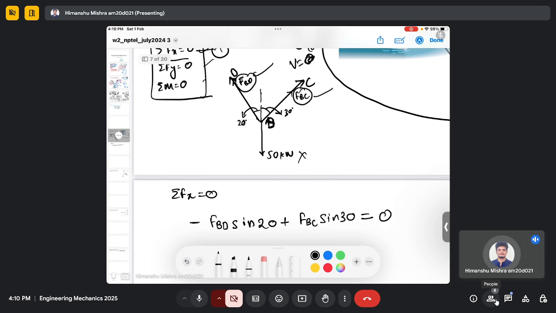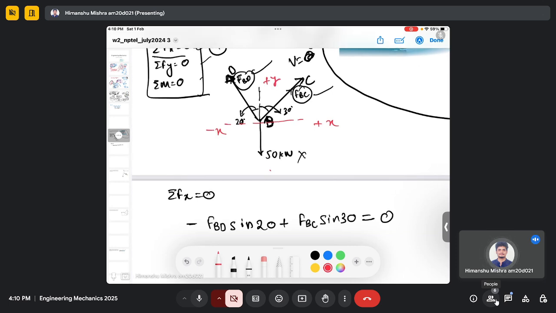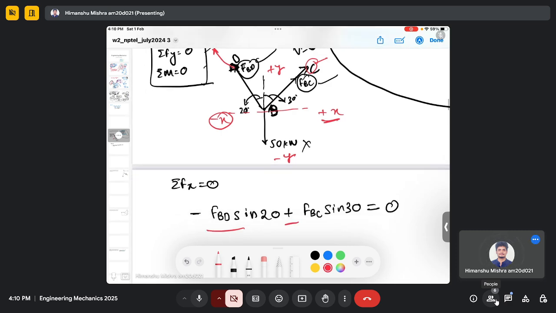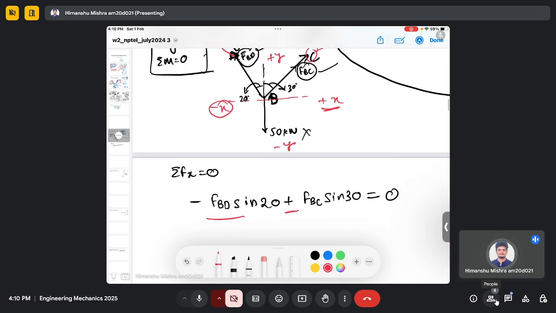Here I consider the minus sign because if I make the coordinate system, this is my positive x, this is my negative x, this is positive y, and this is negative y. You can see this force is moving in the negative x direction, so this force is negative, and this force is moving in the positive x axis, and therefore I consider this force as positive.